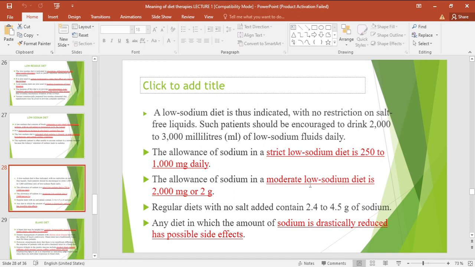The allowance of sodium in a moderate low sodium diet is about 2,000 milligrams or 2 grams. And the regular diet with no salt added may contain about 2.4 to 4.5 grams of sodium. And any diet in which the amount of sodium is drastically reduced may have possible side effects in the body. So I have to also implement this slowly until the patient adjusts.